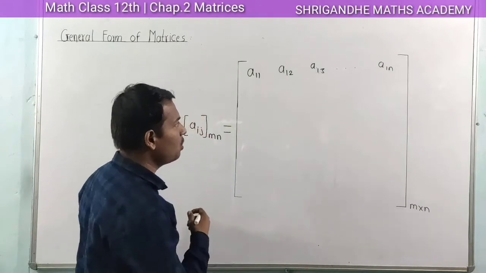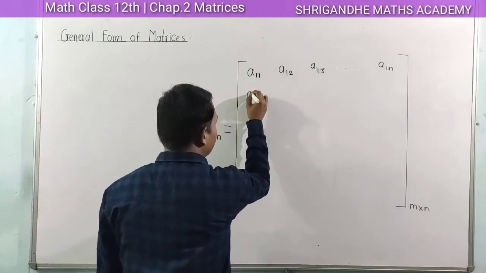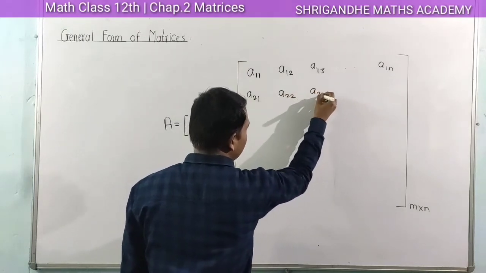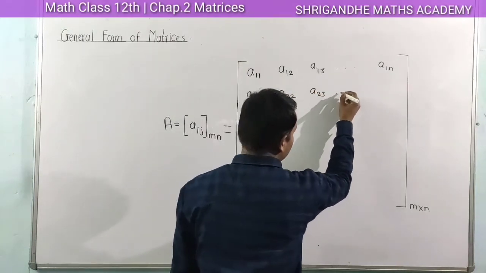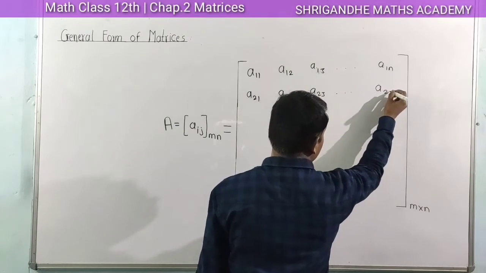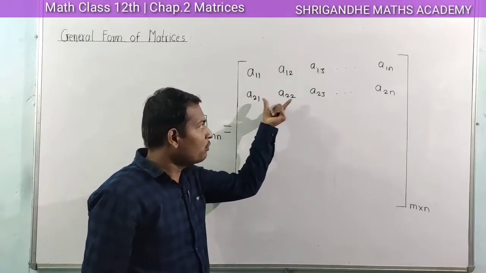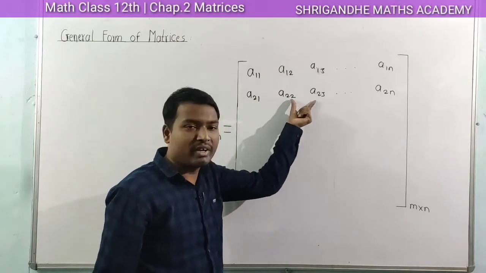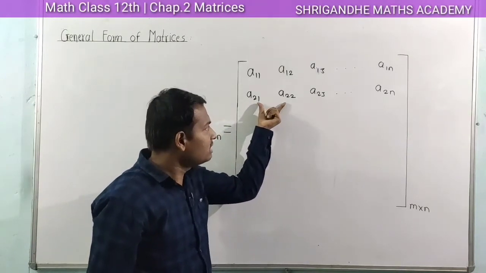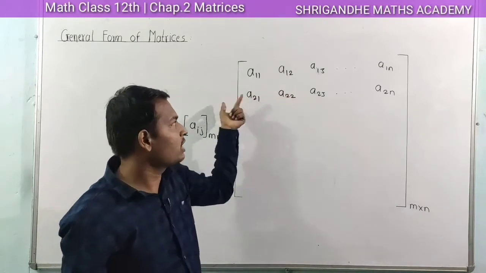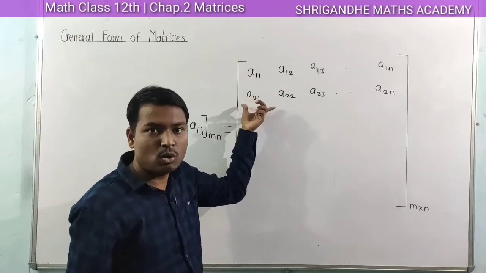Now the entries in the second row are as follows: A21, A22, A23 and so on up to A2n. Similarly, for the second row, the ith value, that is 2, is fixed, but the jth value changes because we write the elements in the second row.